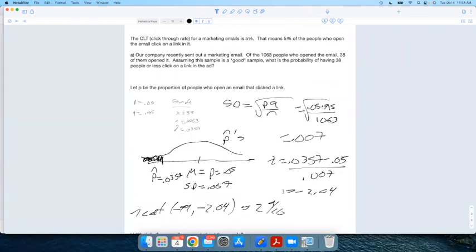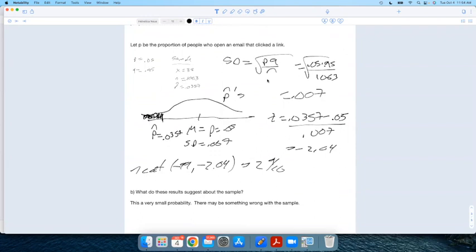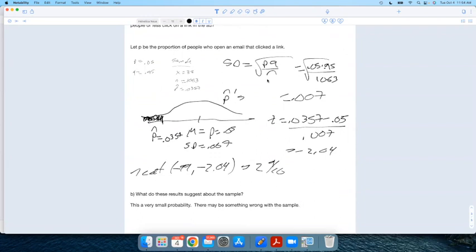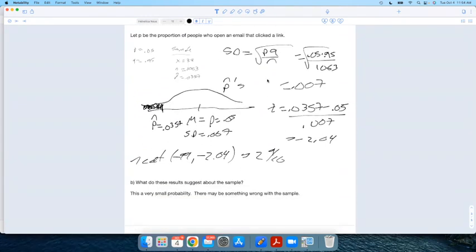Either maybe the people that I sent this out to are just less likely to click on ads. That's one possibility, that my email list isn't very good. It doesn't represent the population. Or maybe it means that the email I sent out wasn't very good, which is probably the most likely, because I don't know what I'm doing yet. I'm not in marketing.